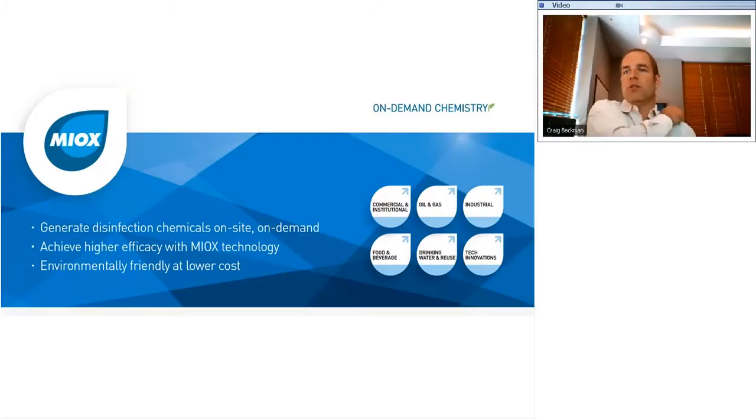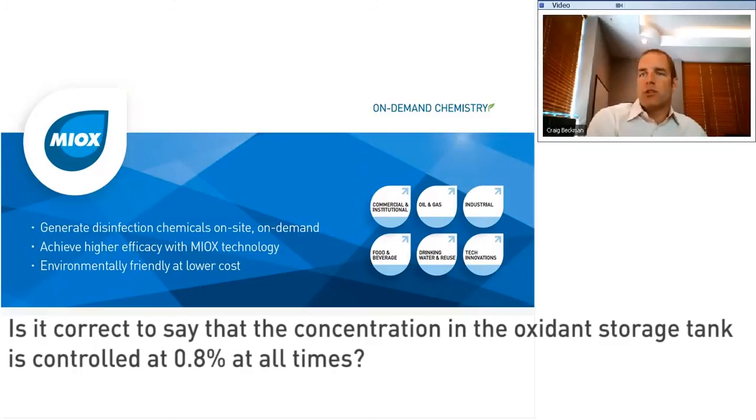The next question was about concentration in the storage tank at 0.8%. 0.8% is the output of the sodium hypochlorite cell, the cell that we've optimized for reliability and cost. So the output of that cell would be at 0.8%.